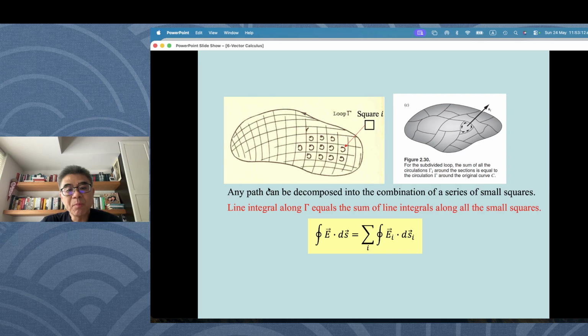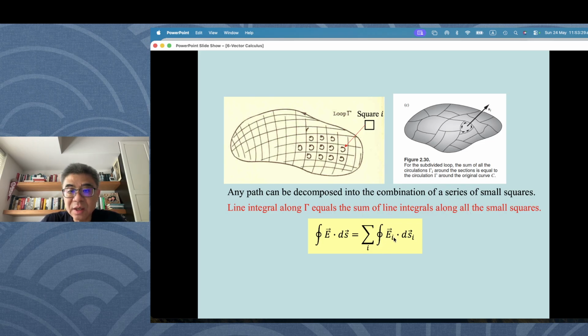Okay, so let me say any path can be decomposed into the combination of a series of small squares, and the line integral along gamma will be equal to the sum of the line integral along all the small squares.